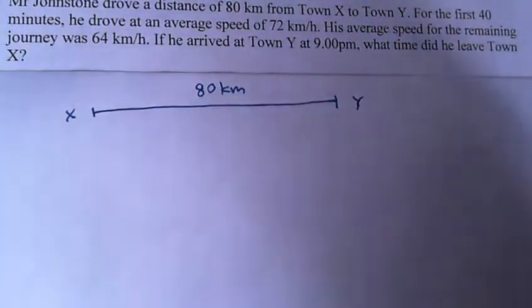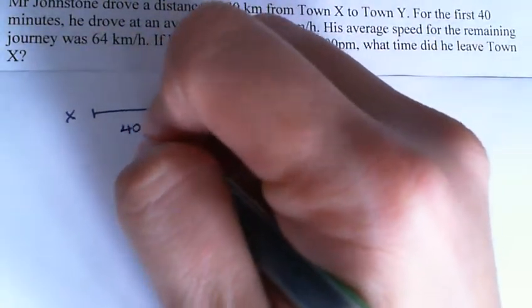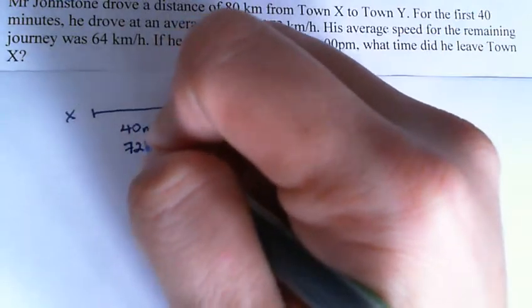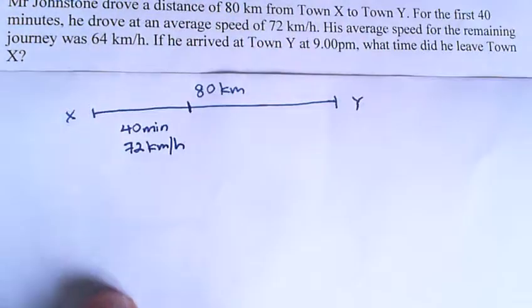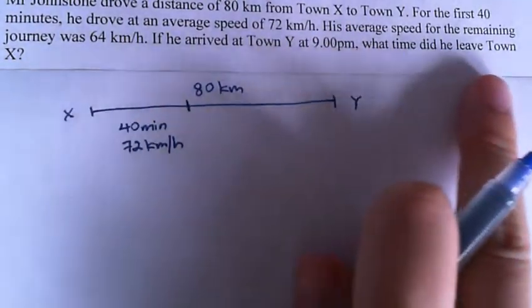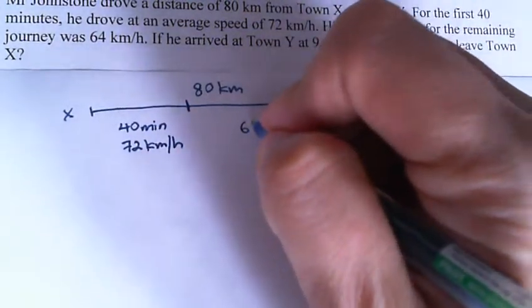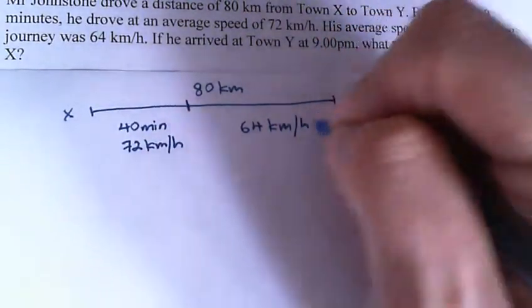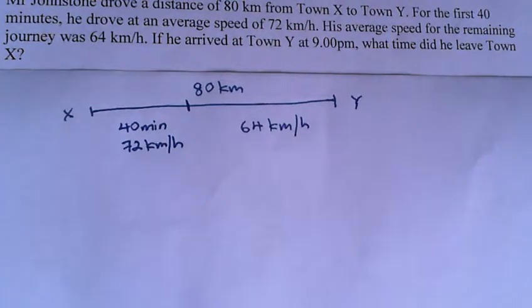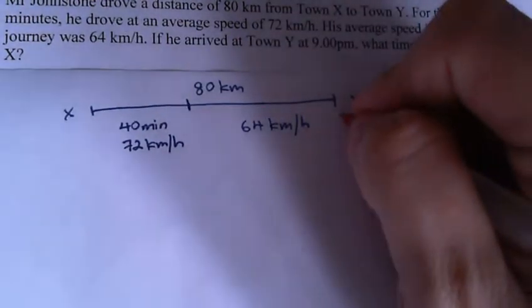Now, I don't know exactly how far he traveled, but my guess is it should be somewhere here. Just write down the information so we can sort it out later. The average speed for the remaining journey was 64 km per hour, and he reached town Y at 9 p.m.